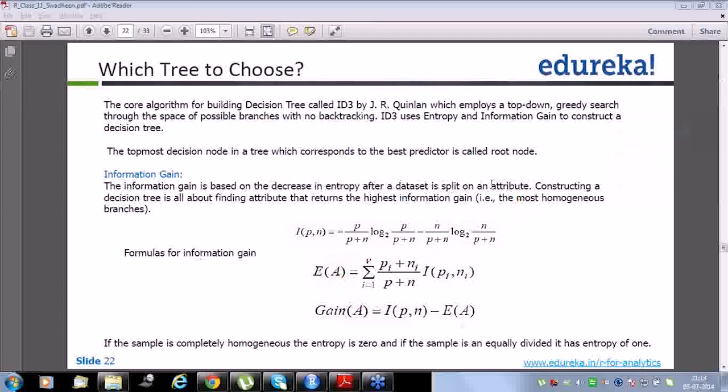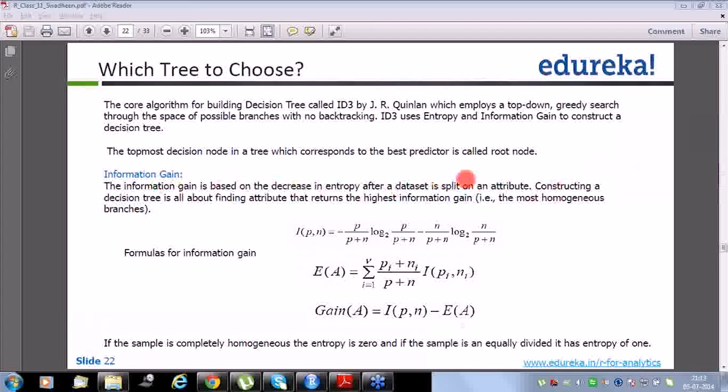That means after a data set is split on an attribute, if entropy has decreased, read this line properly. The information gain is based on the decrease in entropy after a data set is split on an attribute. So once the data set is split from the root node or branch node and entropy is going down, that is, higher entropy means more disturbance, and entropy going down means less disturbance with respect to the dependent variable.